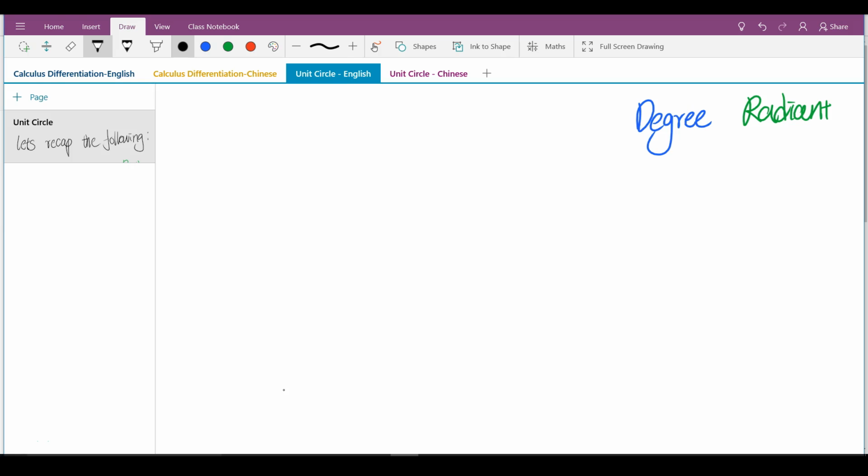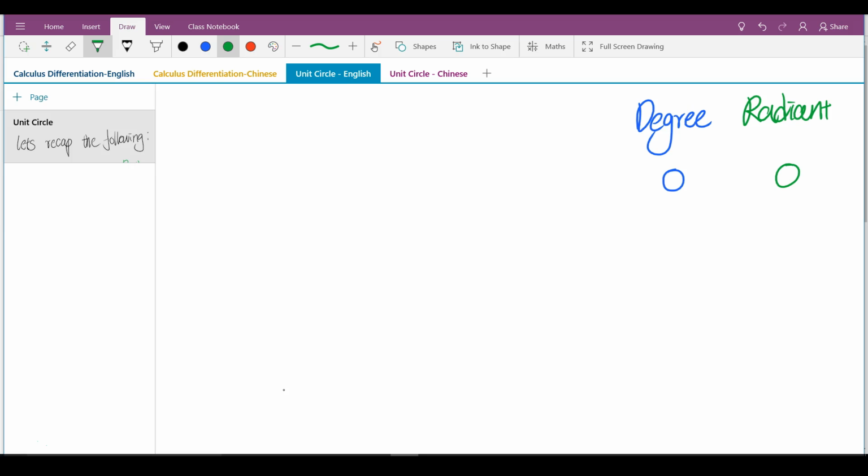So let's start with 0 degrees, right at the beginning. The radian would be 0 as well, because 0 times pi over 180 is still 0.